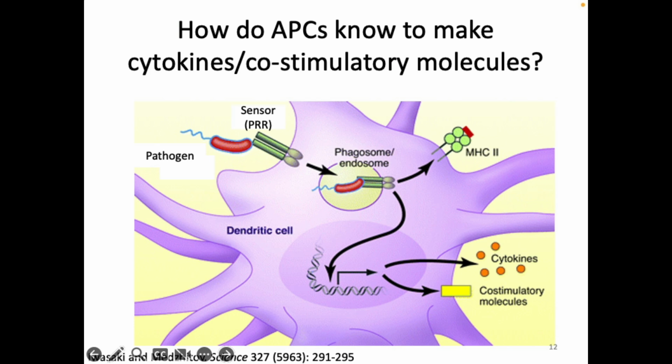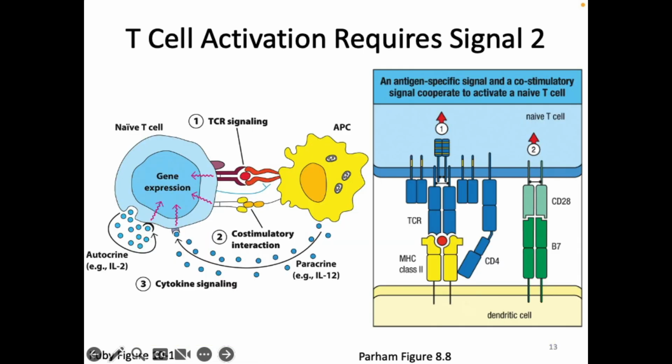We'll see this coming up more as we keep discussing this, but this is actually a key aspect of activating T cells. As I told you previously, if you don't have signal 2, if you don't have B7 to interact with CD28 at the same time that you're getting your T cell receptor signaling, then the T cell doesn't come on. You've got to have both of these things.